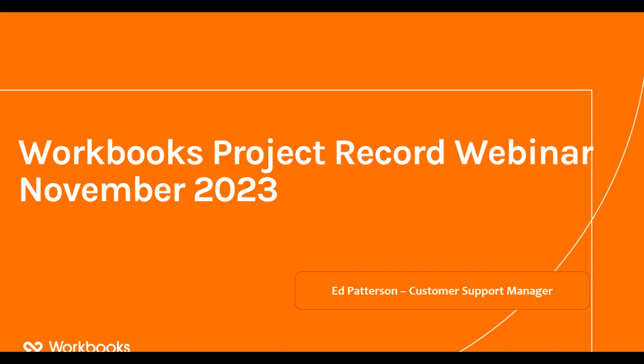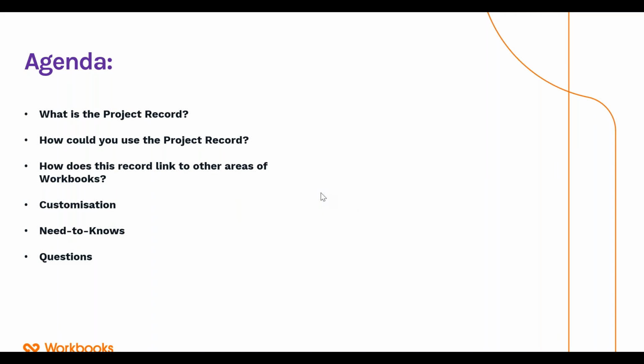So today's agenda: we are looking at the project records, and I will give a quick recap of what is the project record for those of you who weren't on that webinar in October. I will be discussing how you could actually use the project record.